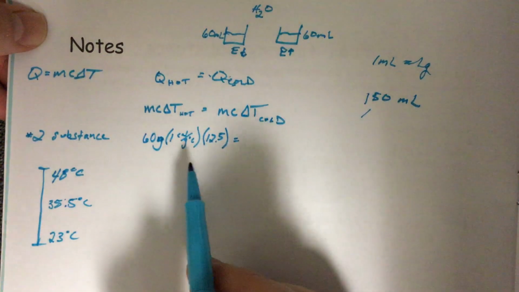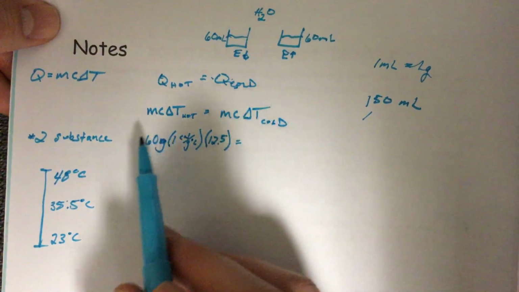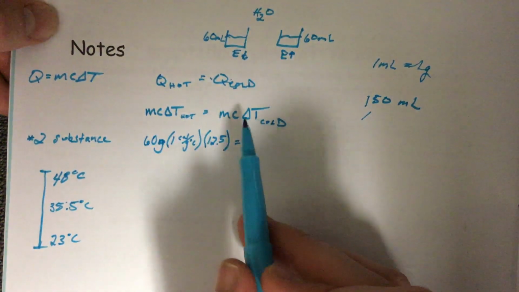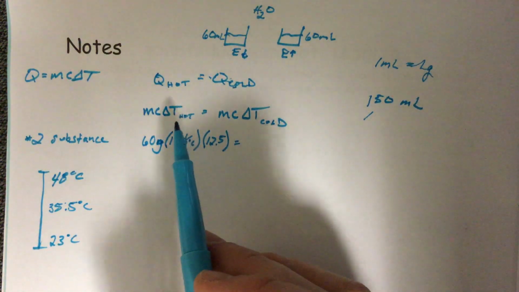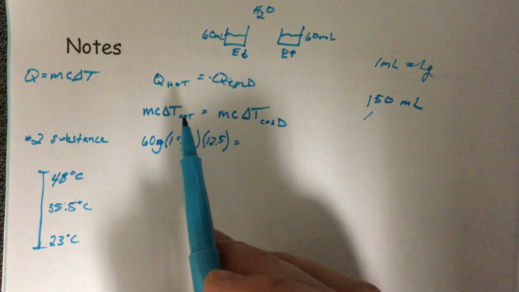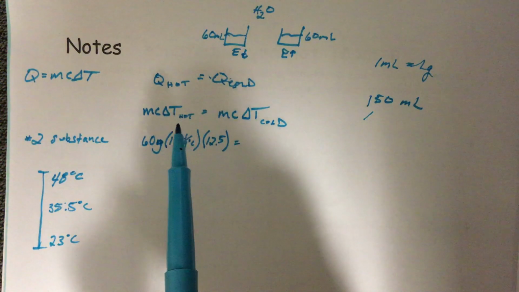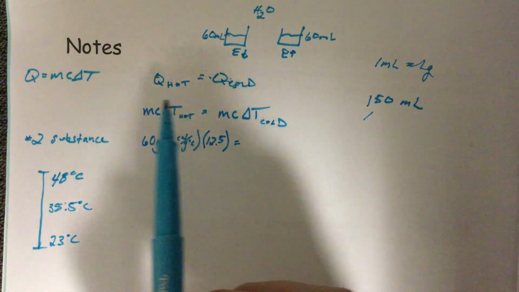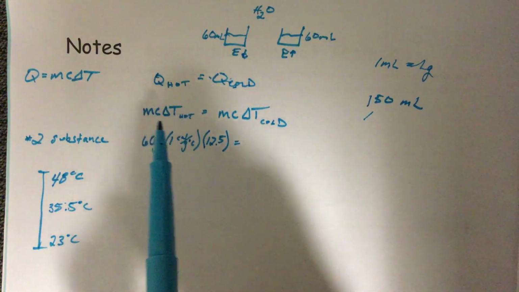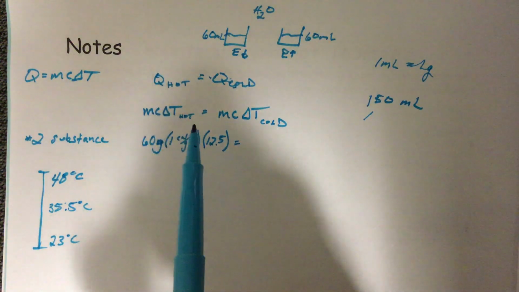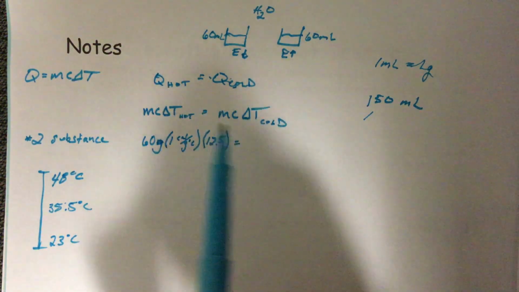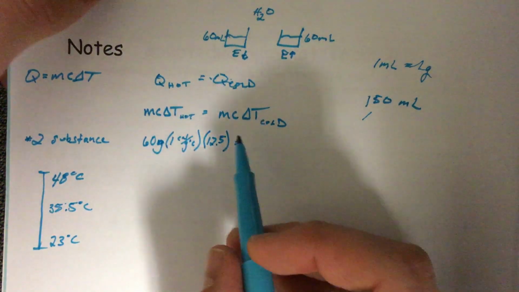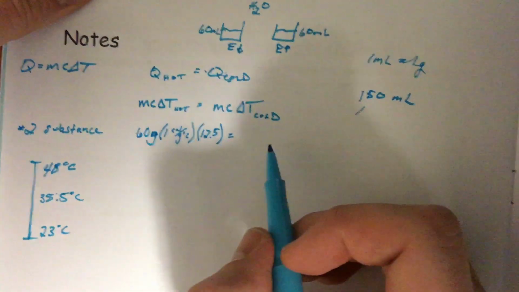So what we're getting at here is that this side has to be equal to this side, because again, the law of conservation of energy states that we cannot create or destroy energy, just like with matter. Here we're looking at the energy that was lost from the hot substance being transferred into cold, because we know again heat transfers from hot to cold.